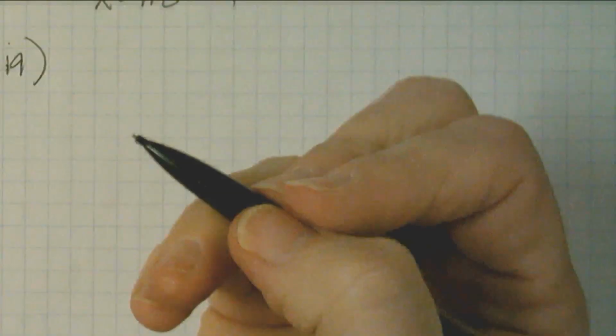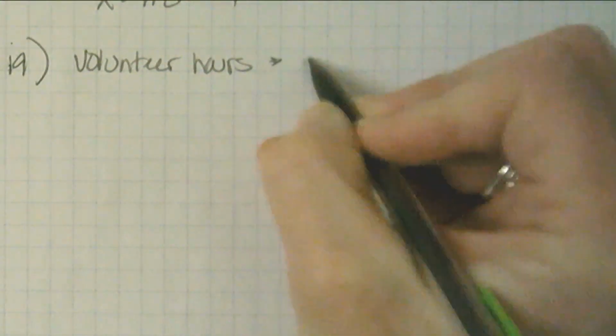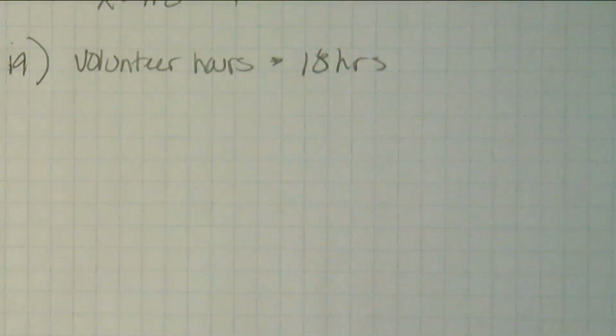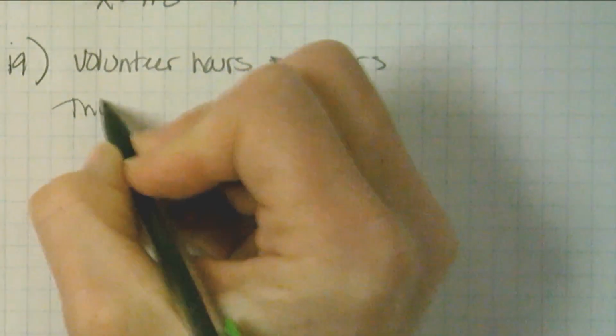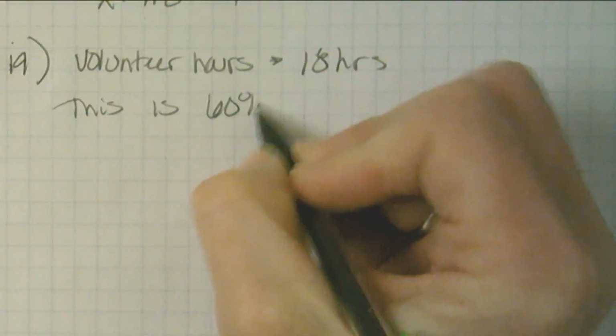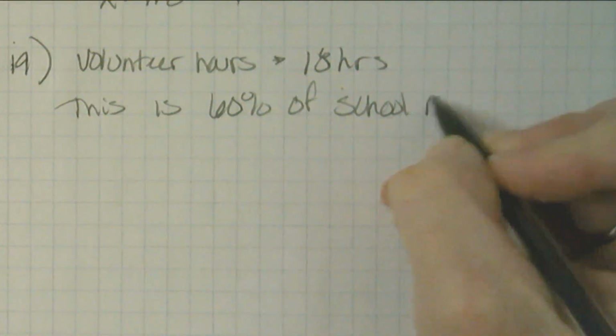All right, if I take a look at number 19, it says Teresa worked 18 hours as a volunteer. So she has volunteer hours, which are 18 hours. Then it says this represents 60%, so this is 60% of school requirements.